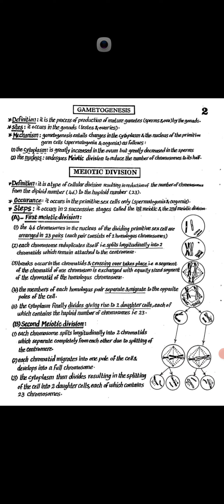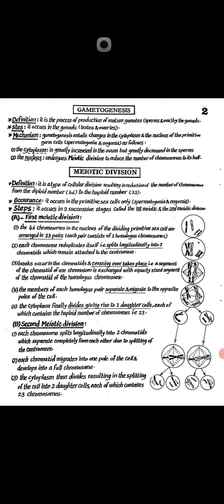Its occurrence is in the primitive sex cell only. It does not occur in somatic cells. In somatic cells there is mitotic division, but in primitive germ cells, sex cells like spermatogonia and oogonia, there is meiotic division.